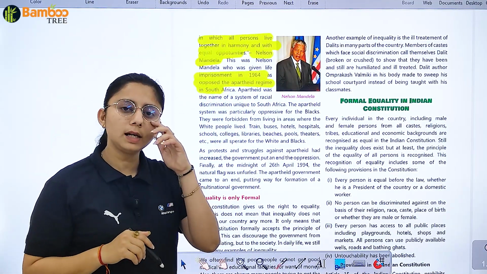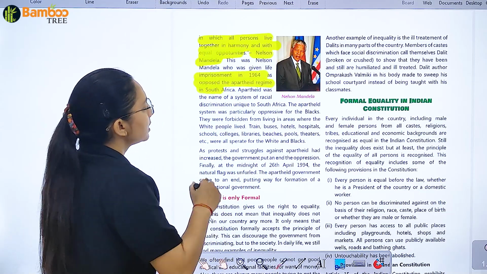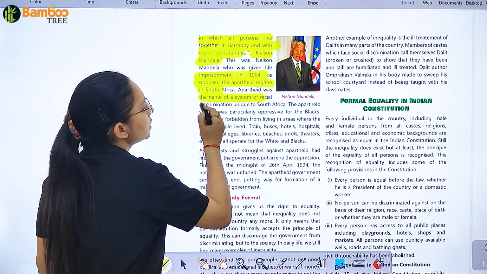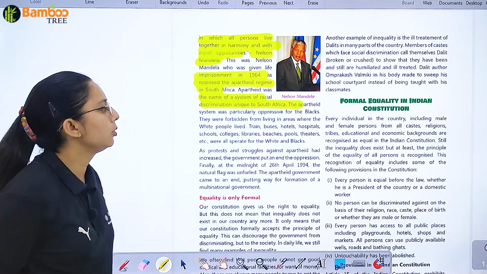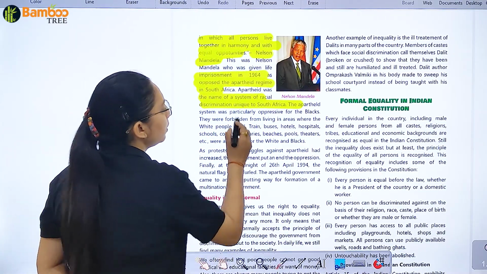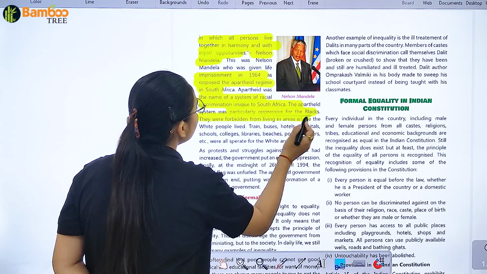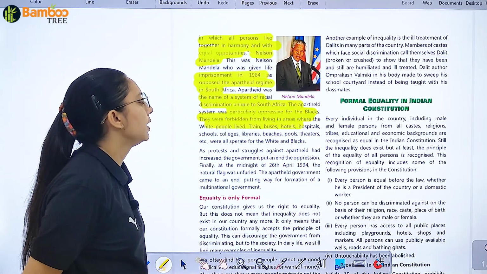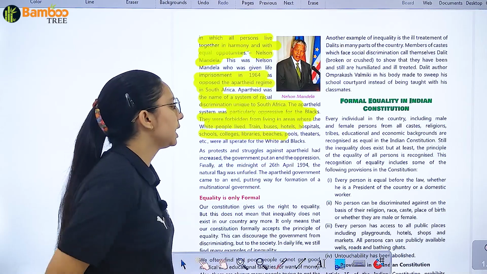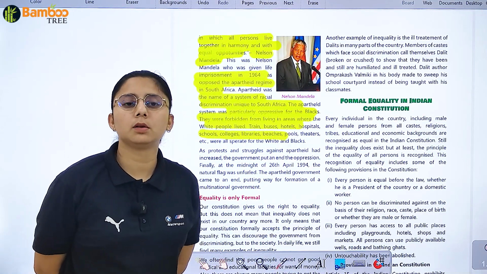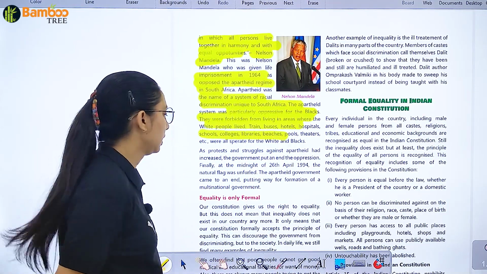Apartheid was the name of a system of racial discrimination unique to South Africa. It was particularly oppressive for the blacks, and they were forbidden from living in areas where whites lived. Trains, buses, hostels, hospitals, schools, colleges, libraries, all were separate for whites and blacks.